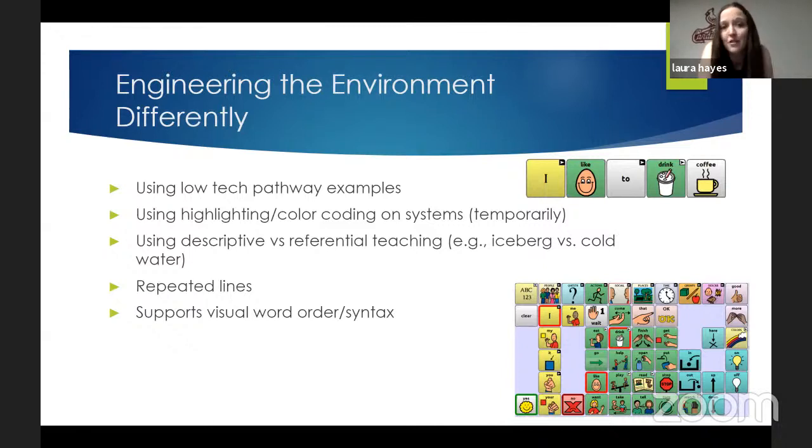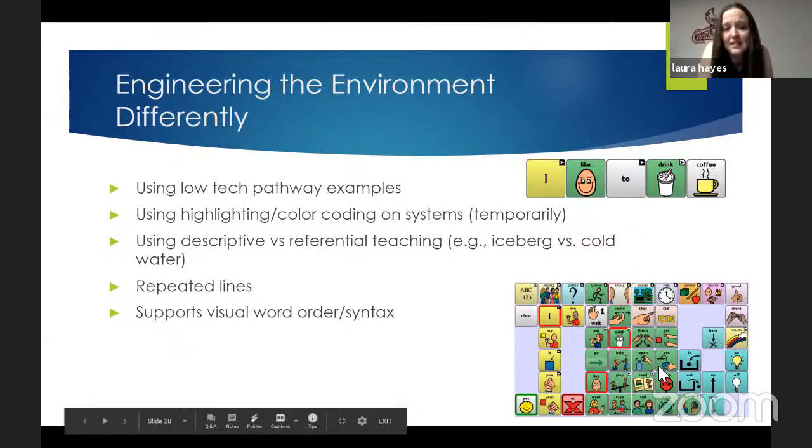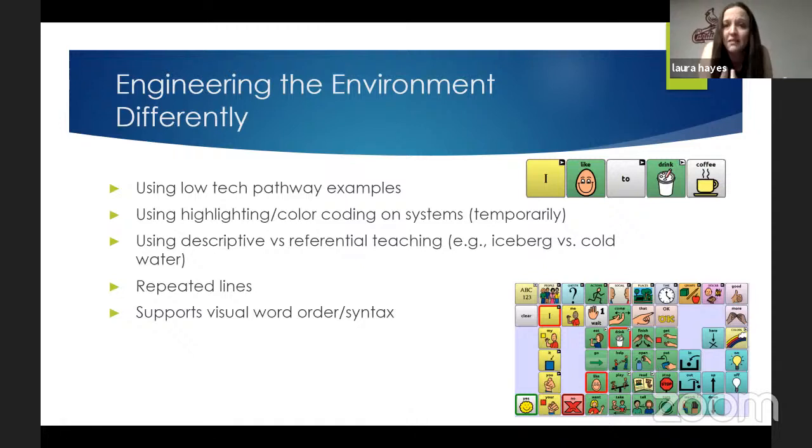Consider highlighting or color coding on your systems temporarily. I say temporarily because people can get kind of crazy, and the majority of systems are research-based and color-coded, so you don't want to take away from that. But you can see on the student's device below, I temporarily highlighted I like drink, to give them feedback that was what we were focusing on that week. Gail Van Tatenhove really talks a lot about descriptive versus referential teaching.